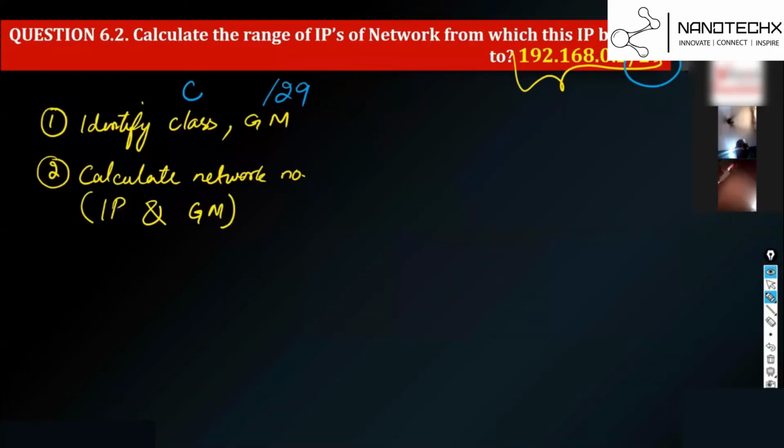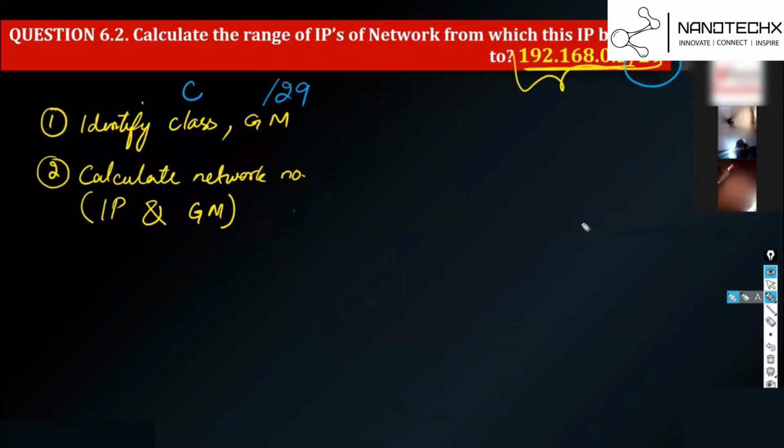Step number 2. This is our IP address, 192.168.0.2, right? So let me write this IP address on this side to make it easy for you guys to identify.